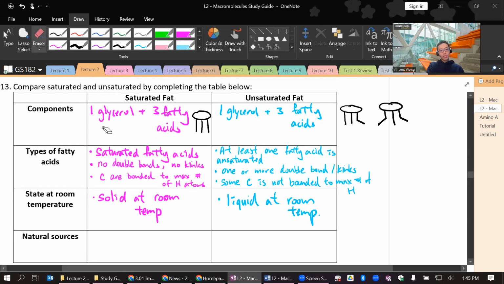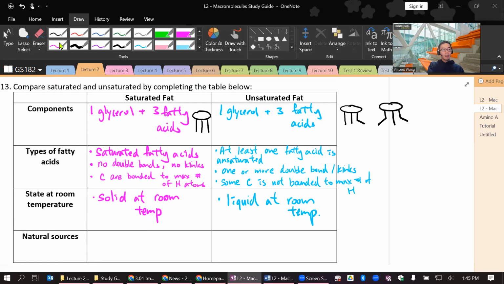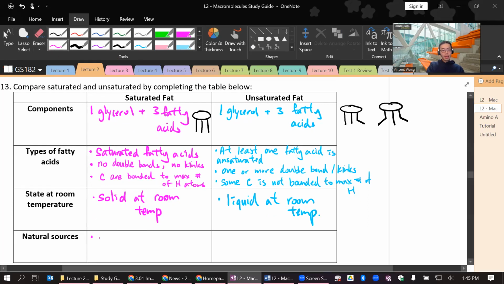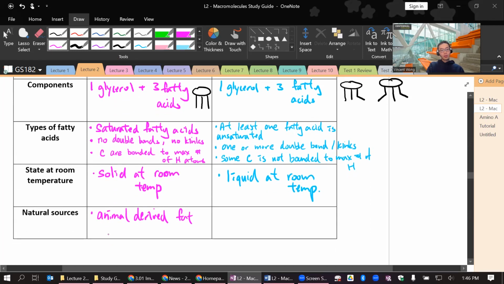So natural sources of saturated fat are mostly animal derived fats. So actual examples of saturated fat. Anybody have an example for me? You might have this in your home. Saturated fat.